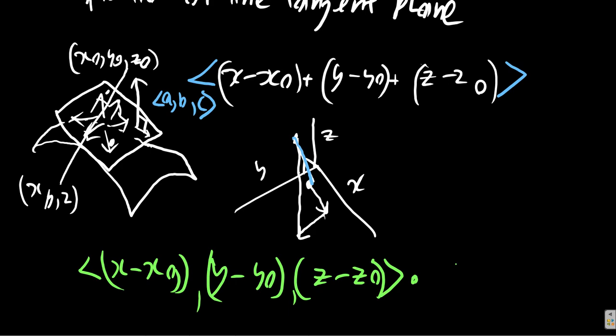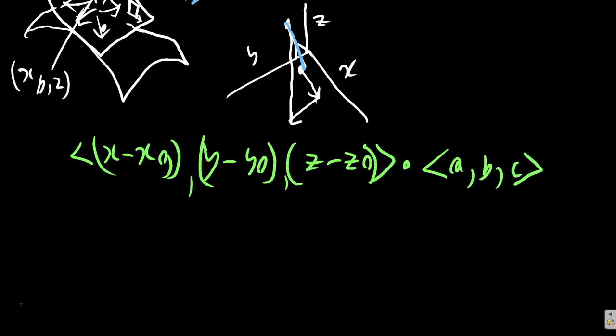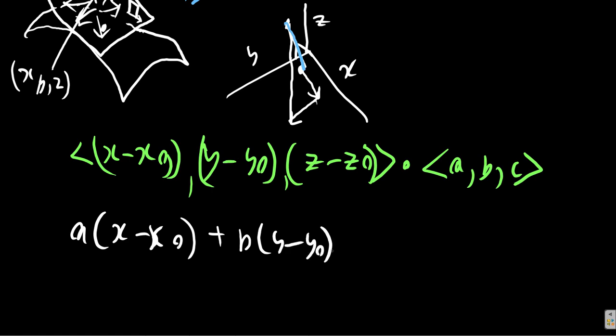Dot, and then you have a, b, c. So the dot product would be a times x minus x0 plus b times y minus y0 plus c times z minus z0. Alright? That's the dot product, and the dot product is equal to 0.